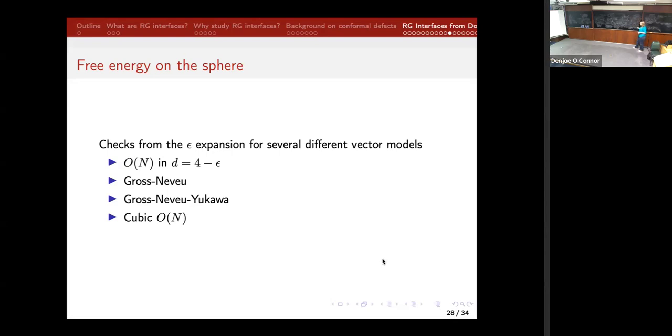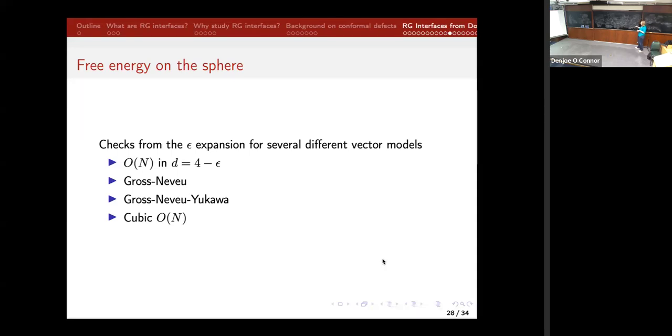But we have to be careful because of the way we defined the Gross-Neveu-Yukawa version with this interface: the question is, what do you do with the extra scalar, basically?